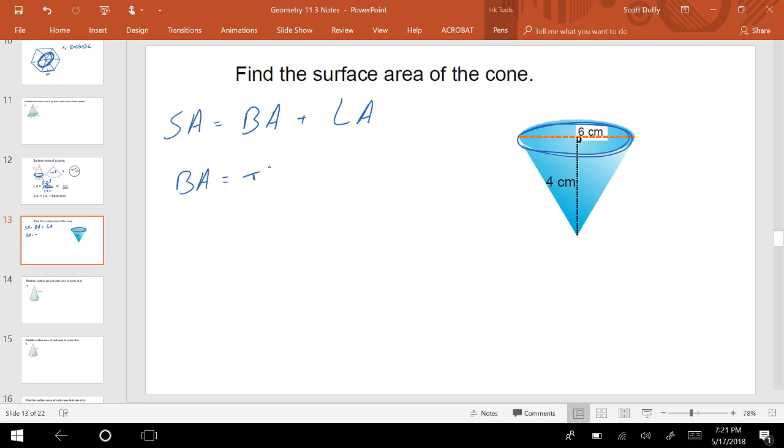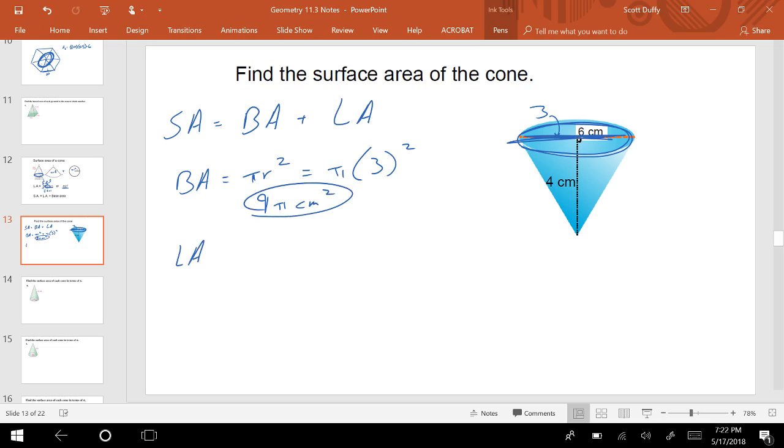So I'm going to have pi times the radius squared. Pi times, what's our radius? Well, I see my diameter is 6, so my radius would be 3 centimeters squared. 3 squared is 9 times pi. I'm going to leave it as 9 pi square centimeters.